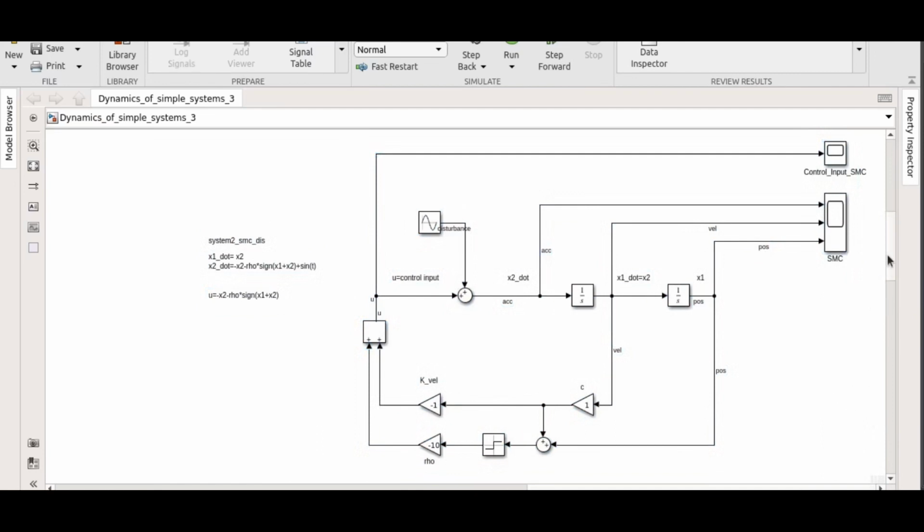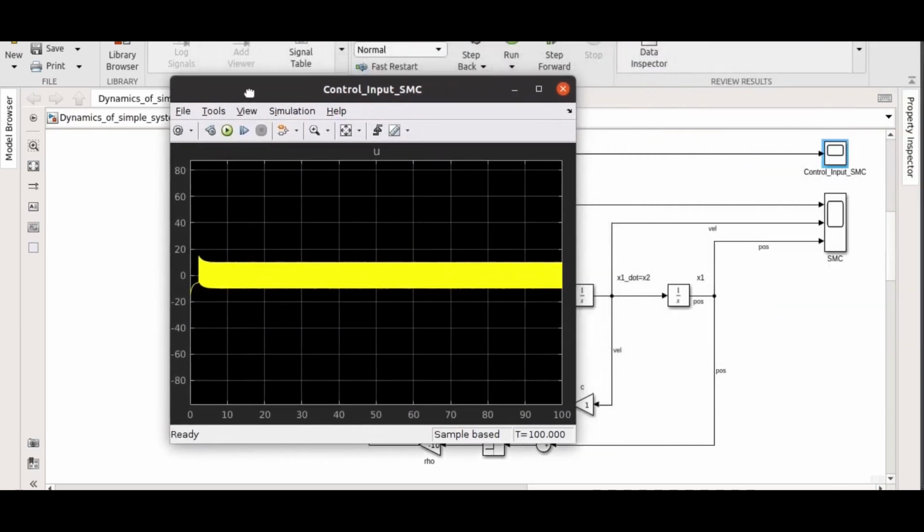Till this point, I have not revealed the control input that is required to do so. If you take a look at the control input of the sliding mode controller, the control input is a constant chattering of extremely high frequency. No physical system will be able to respond to such a control input.